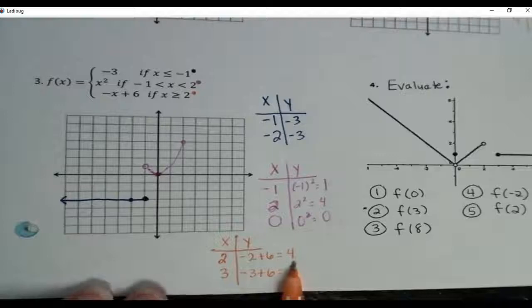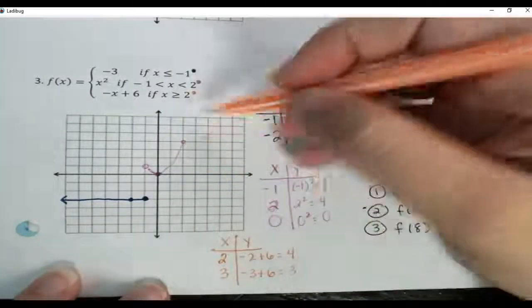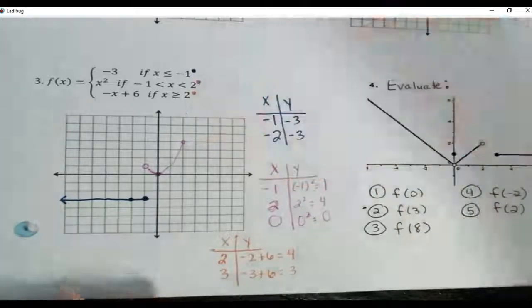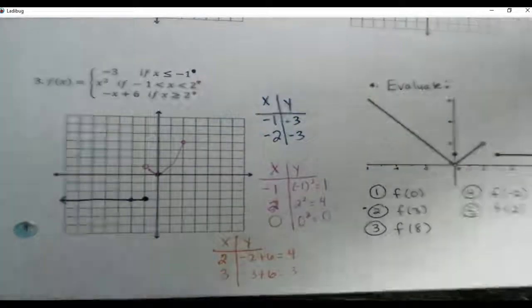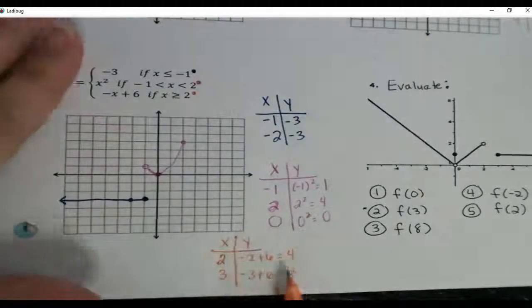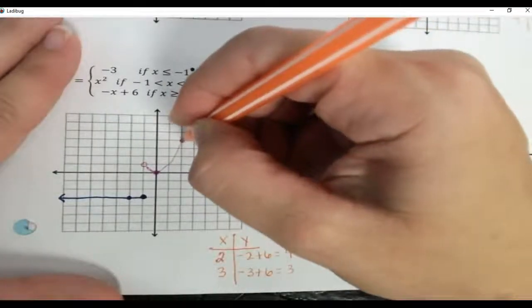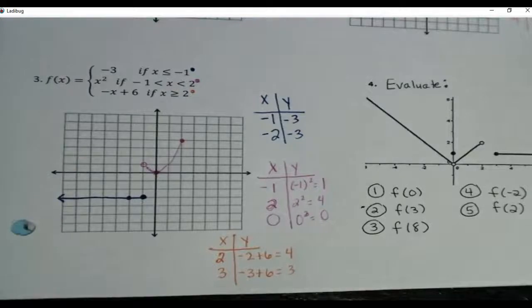Open or closed? Closed. So I go to 2, 4. I already have a point there. So what happens is this closed point at 2, 4 just fills in that open circle at 2, 4. Okay.